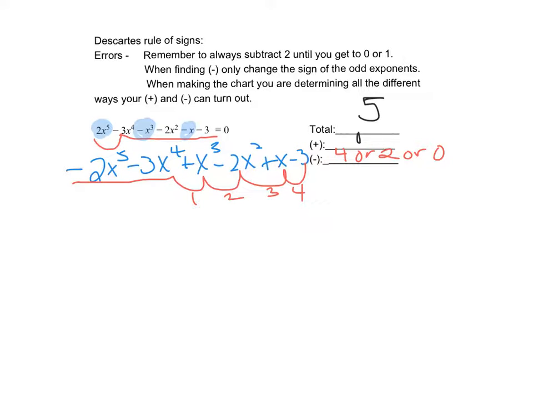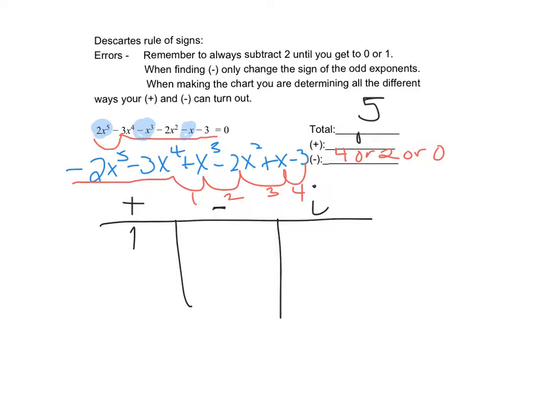All right, for the chart, now I'm going to check how these all play out. This one's a little easier because I only have one option for positives. I'm always going to have one positive answer. The things that change are my negatives.